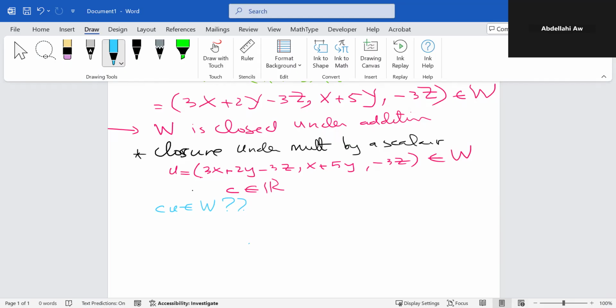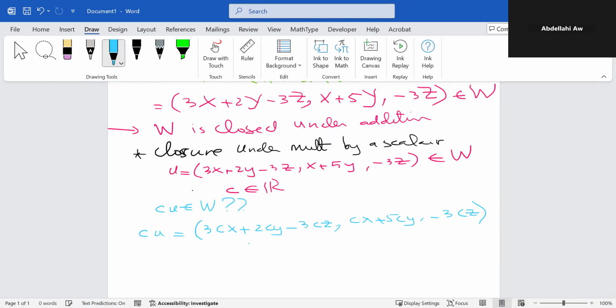Again, this is not heavy math, by the way. cu is, you multiply each component by c: (3cx + 2cy - 3cz, cx + 5cy, -3cz).